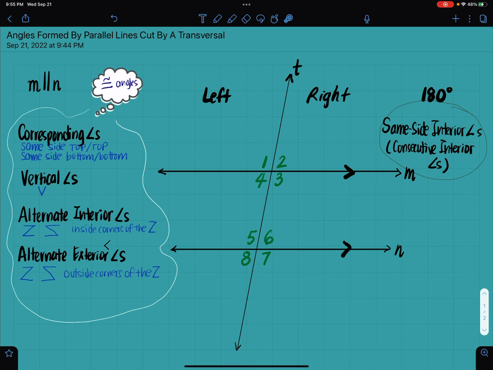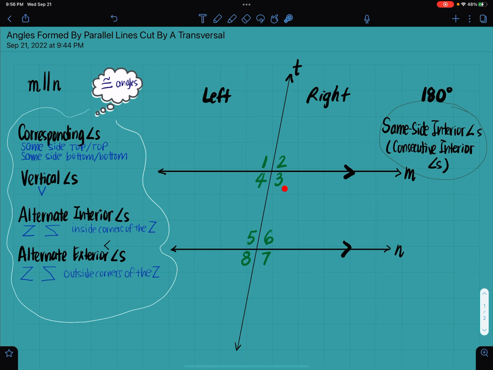Well, first of all, let's look on the right side. So on the same side on the right, what's top of the line and top of the line? So like you see here, angle 2 and angle 6 are congruent. They're corresponding. Same side, top, top. Likewise, same side, bottom, bottom.